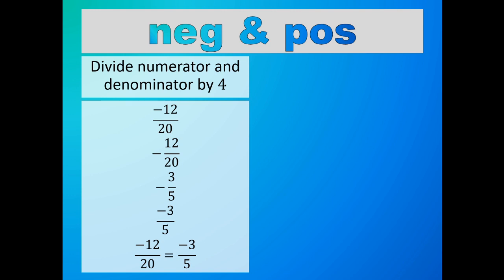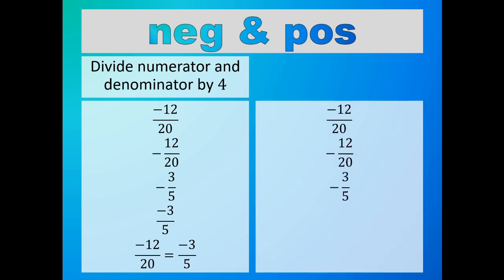Now let's talk about when you divide both the numerator and denominator by -4. So I rewrote the first 3 steps in the left column. Now positive divided by negative is negative. So -3/5 is equal to 3 over -5. I took the minus sign from the beginning of the fraction and moved it to the denominator.